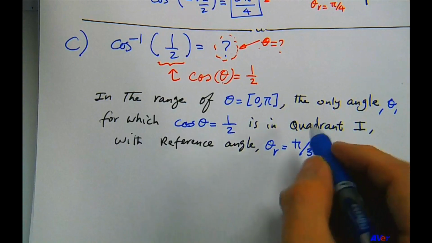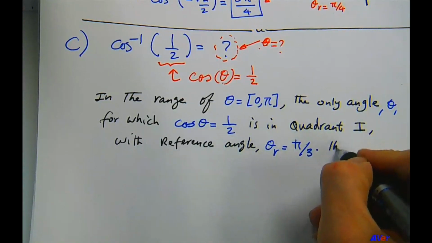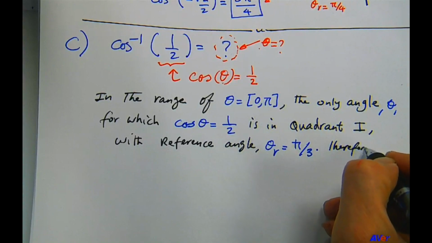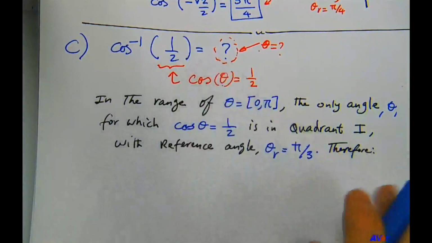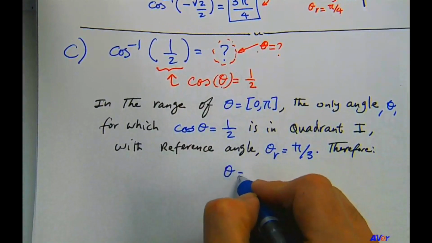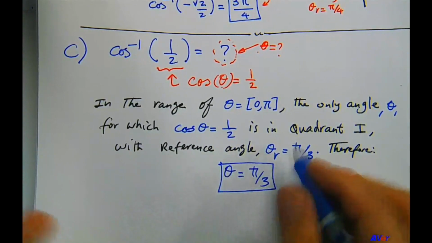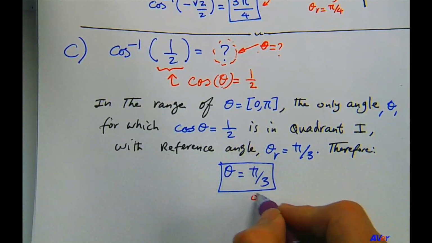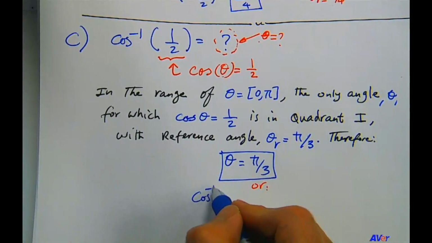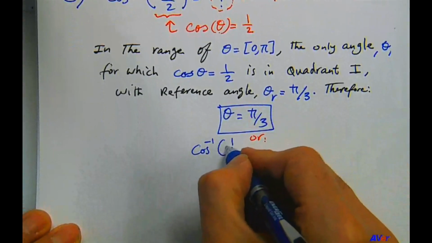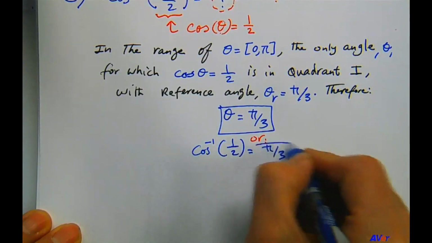Okay, so therefore, we can say the answer to that question is theta is equal to pi over 3, or inverse cosine of 1/2 is equal to pi over 3.